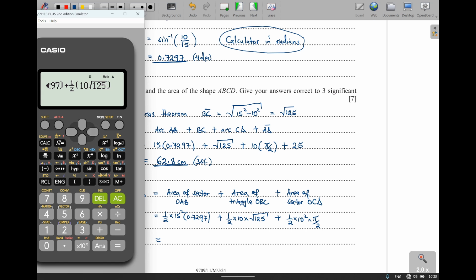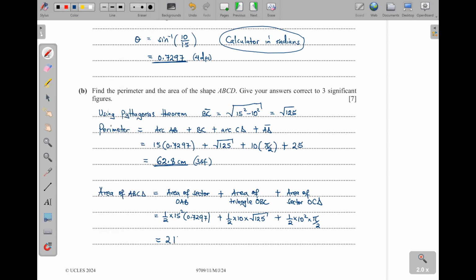Okay, then we shall have a half, then times 10 squared, that's 100, then times pi over 2. So to three significant figures, this one will give me 217. 217 centimeters squared to three significant figures. That is that.